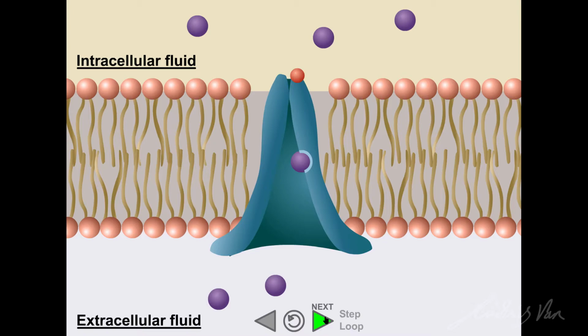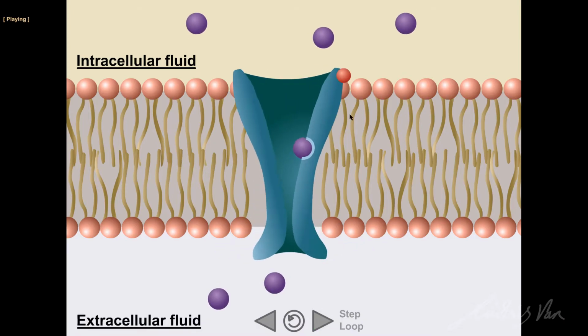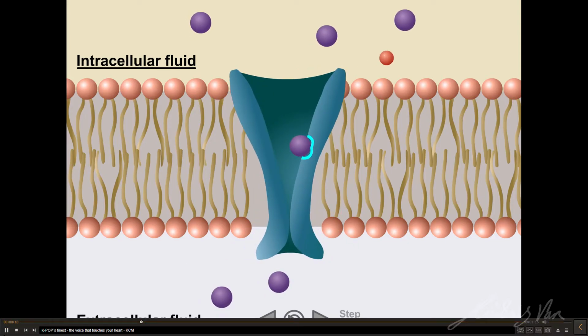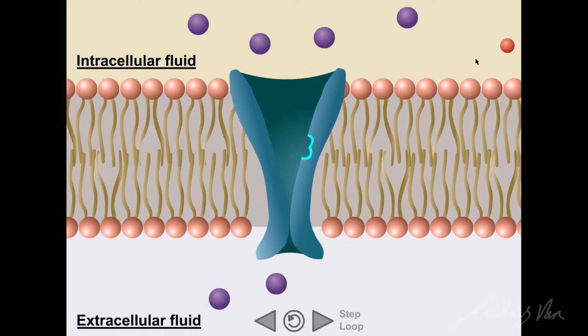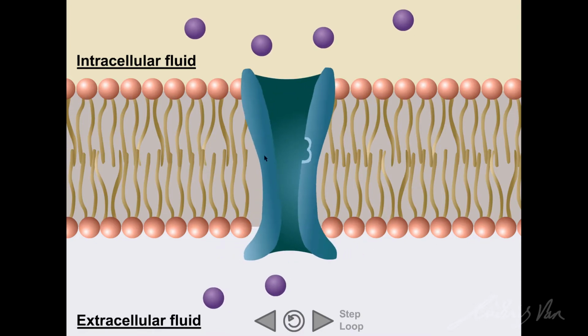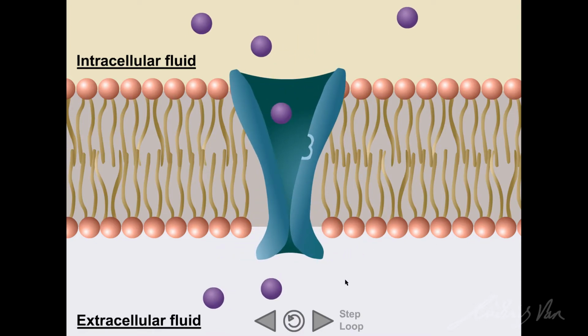After the molecule binds, the channel protein will change shape and the phosphate will be released, as well as the molecule to be transported over. So this is how active transport uses energy to transport molecules against a concentration gradient.